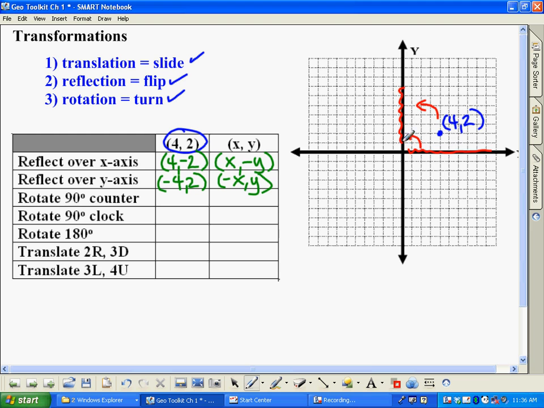So if we count 1, 2, 3, 4, and then 2 to the left of it, that would be our new point, a rotation of 90 degrees counterclockwise. I'm sorry I didn't mention this earlier, but the origin is our rotation point. So the coordinates of this point would be -2, 4. I'm going to go ahead and write that here, -2, 4.